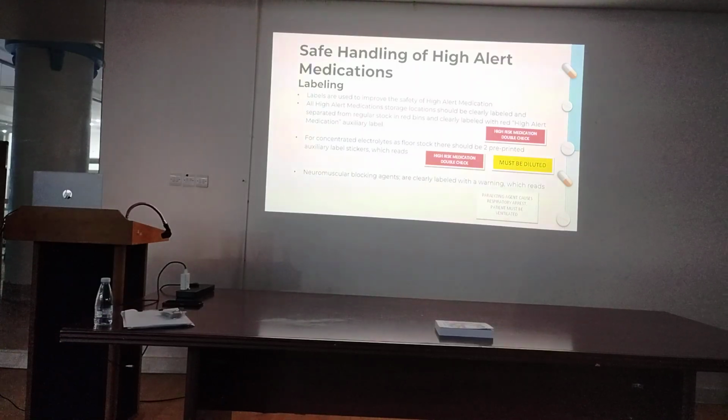For concentrated electrolytes, you have a second label with the regular label that says it must be diluted. For neuromuscular blocking agents, usually it will have this label, but neuromuscular agents are not available everywhere in the hospital, so you will not be seeing this label a lot. If it's there, it's going to have this label on the pouch, because the ampules will not be enough to take all the labels. And if you put all the labels on the ampules, you will not know what the ampule is. Okay?